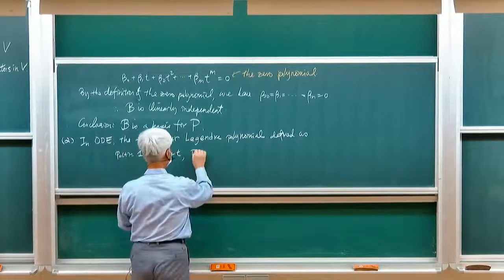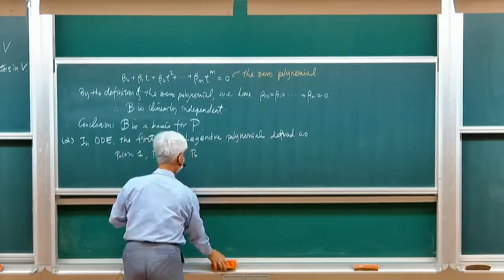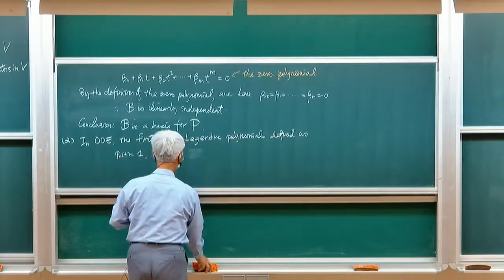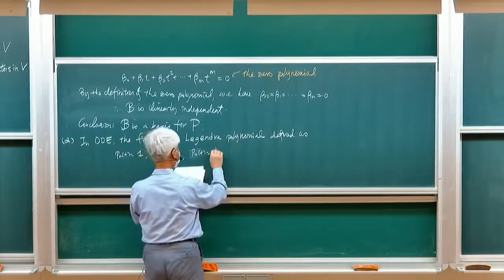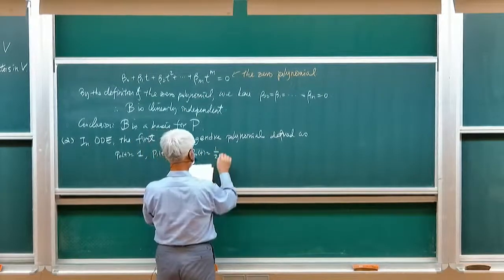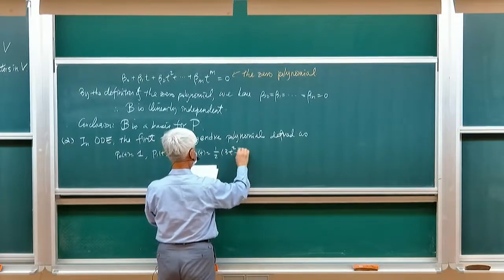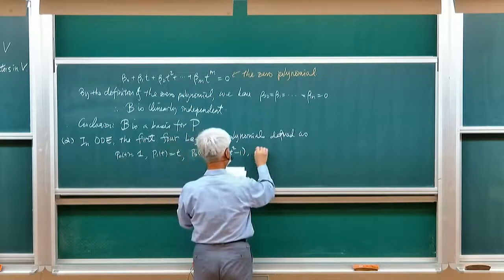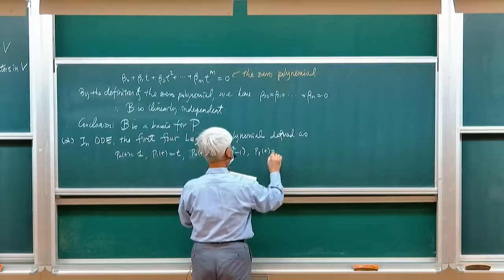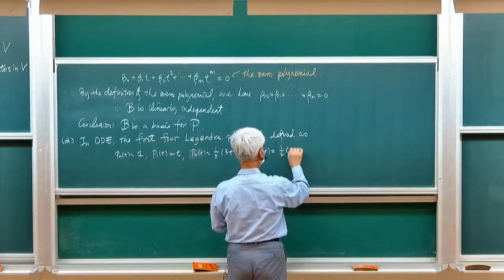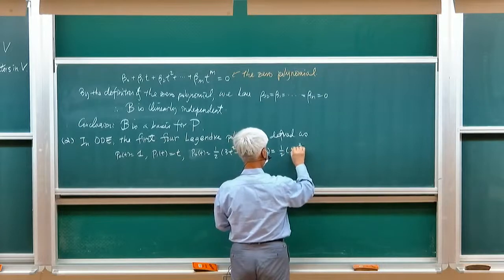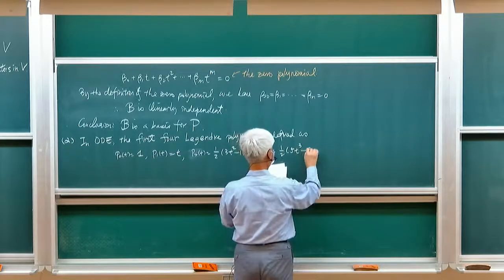But the Legendre polynomial of degree 2 would be 1/2 of (3t squared minus 1), and the Legendre polynomial of degree 3 is 1/2 of (5t cubed minus 3t).